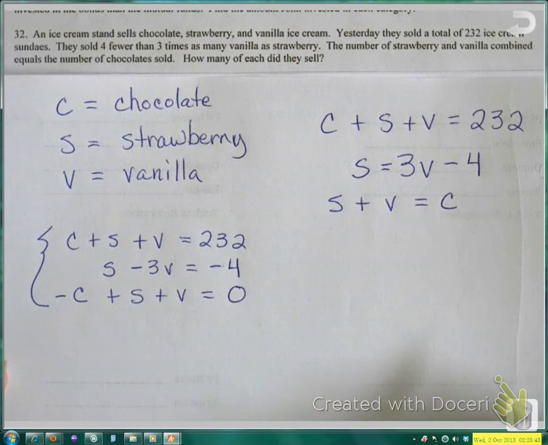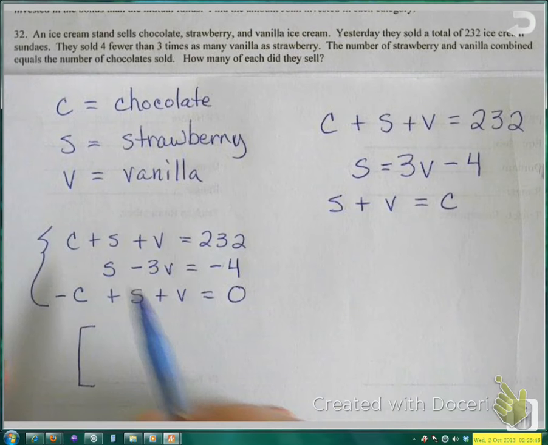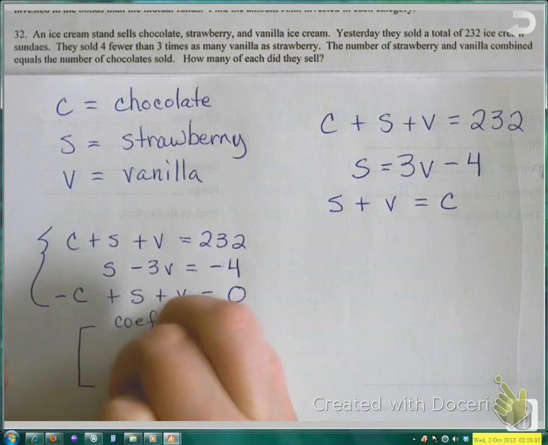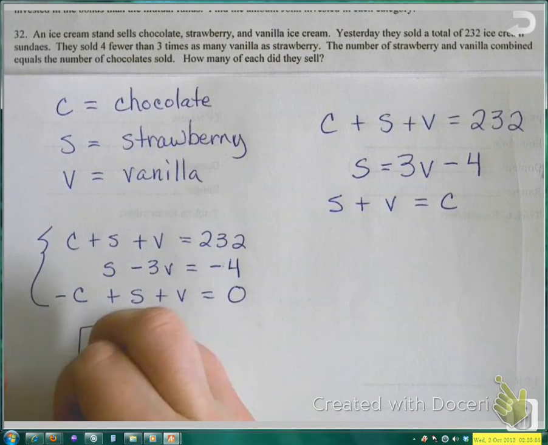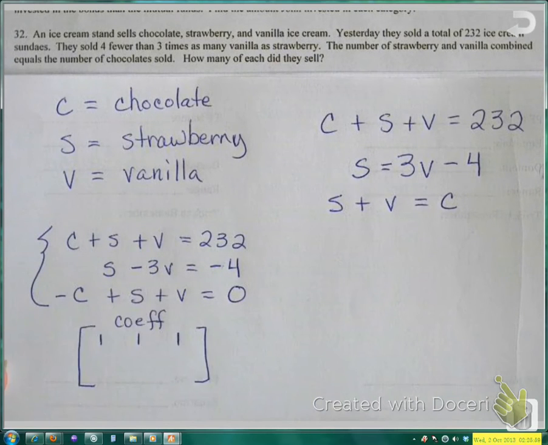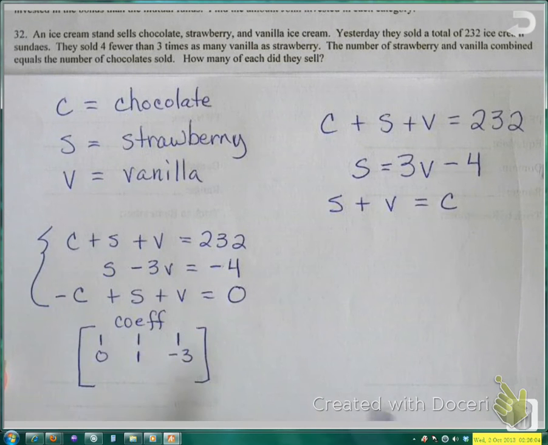So let's write our matrices. I have my coefficient matrix. That comes first. So I put in all my coefficients. So coefficient for C, S, V, first equation. Second equation, C, S, and V. Please notice that you also put the negative sign in there. Don't forget your signs.